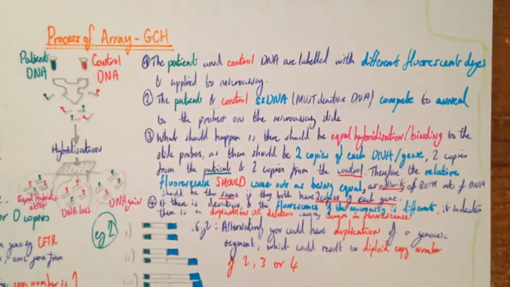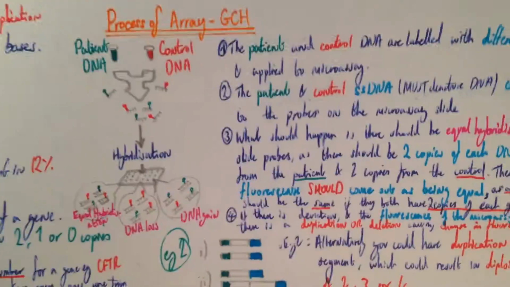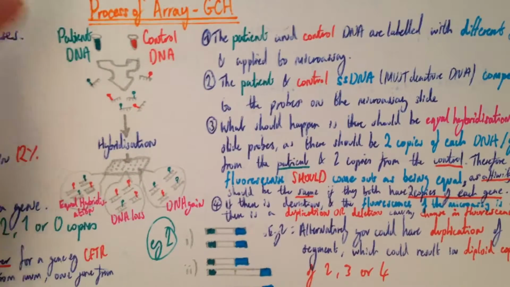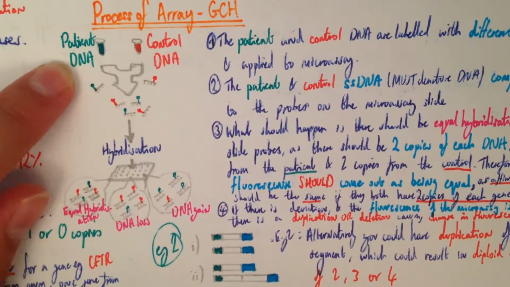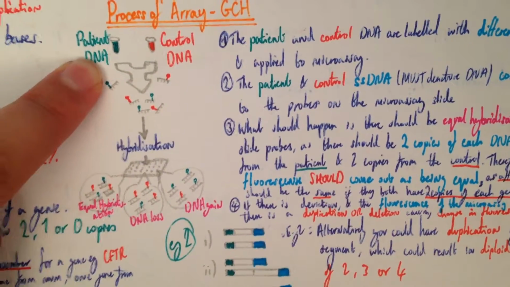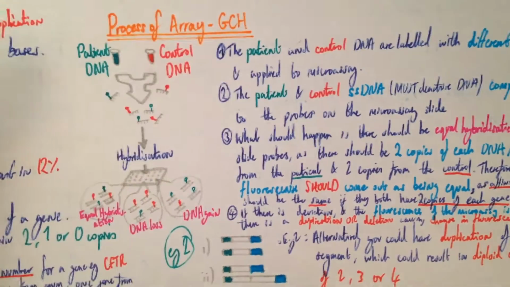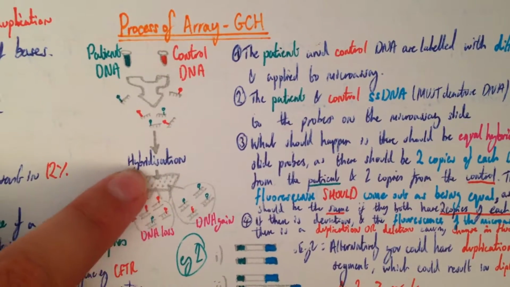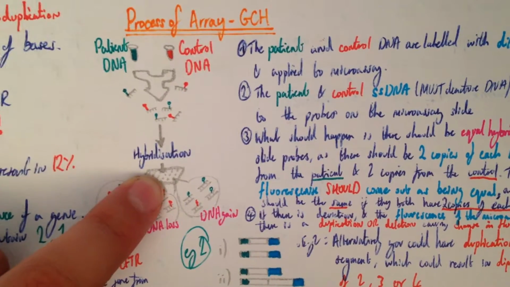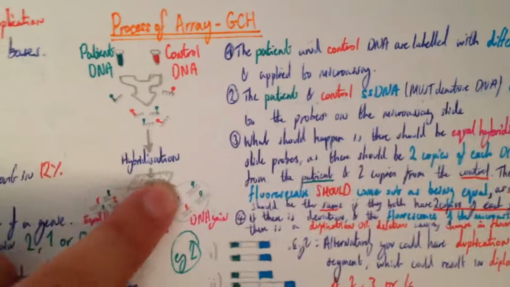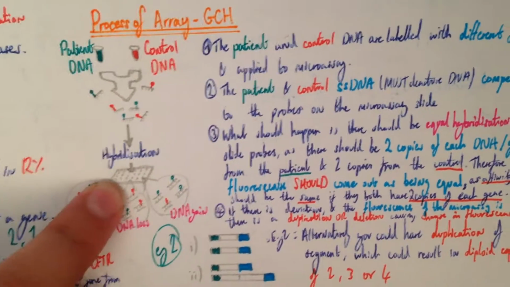You probably heard that and you're like, what the hell? It's so simple. We have 23 pairs of chromosomes in this DNA, and they're all able to hybridize to complementary DNA here.